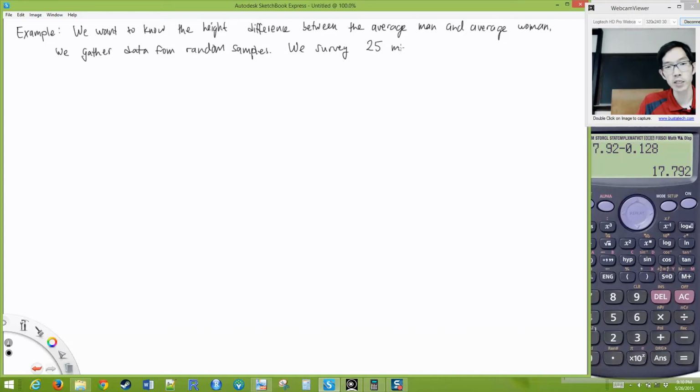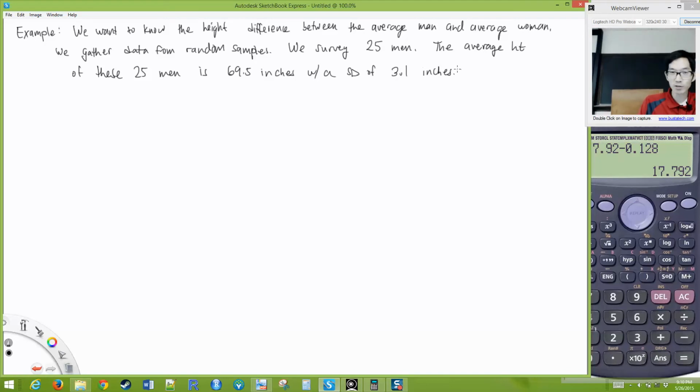The average height of these 25 men is, we'll say, 69.5 inches with a standard deviation of 3.1 inches. Okay? With apologies to our international friends who have no idea what these numbers mean.